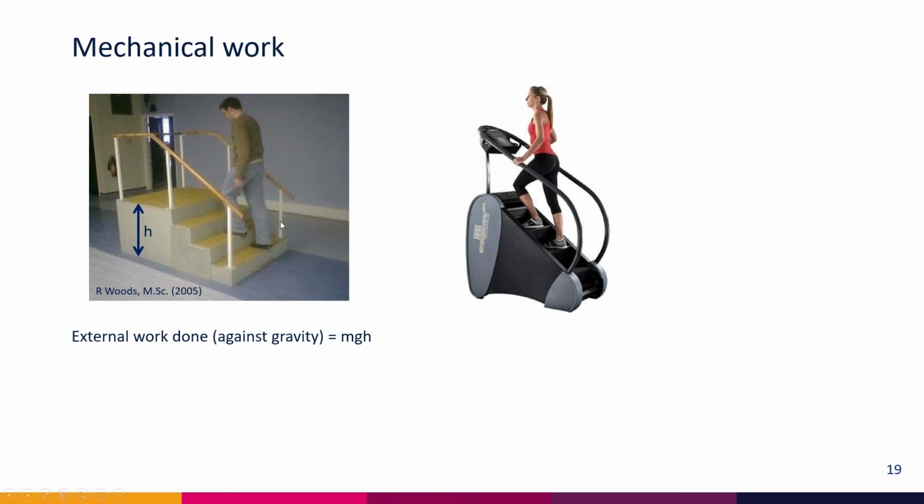So as the man moves from floor level to a height h, he does work of mgh. On the right, the work done against gravity is approximately zero, because the person doesn't go up and down, she stays at the same height.